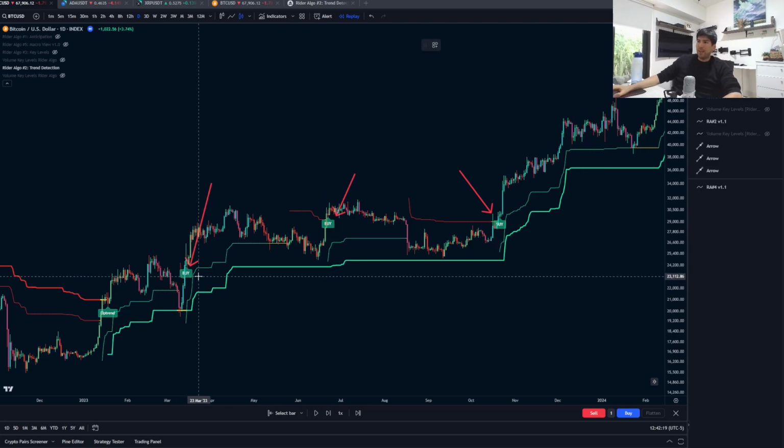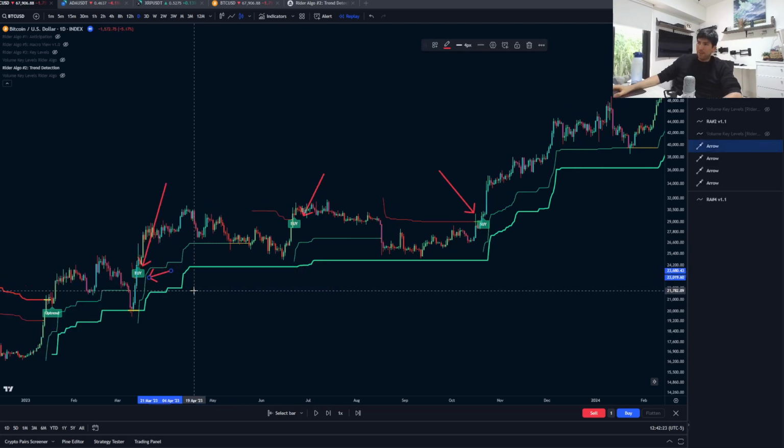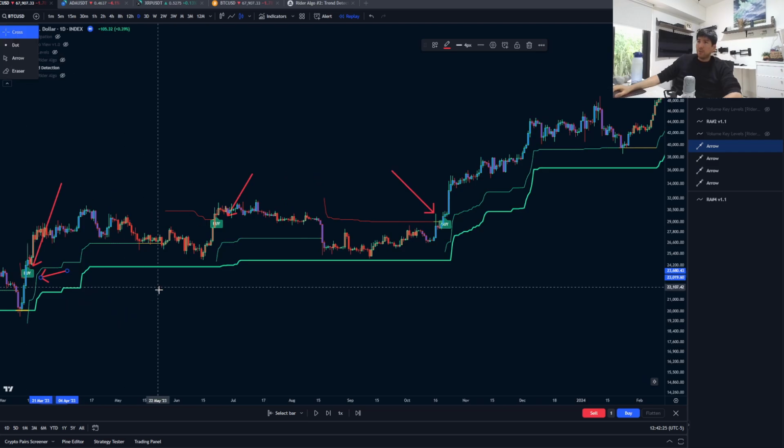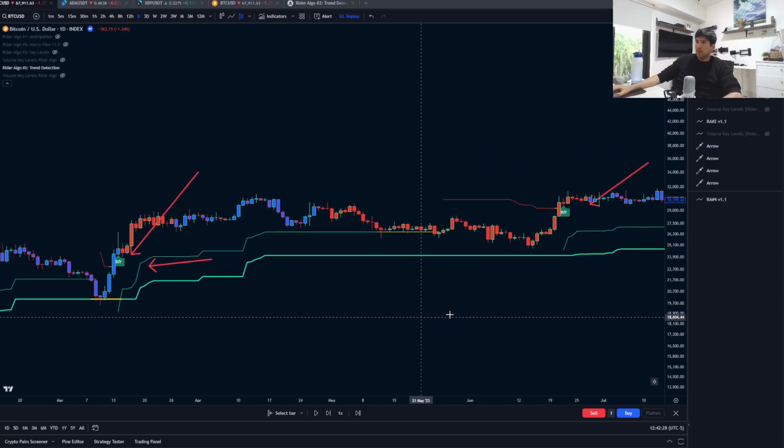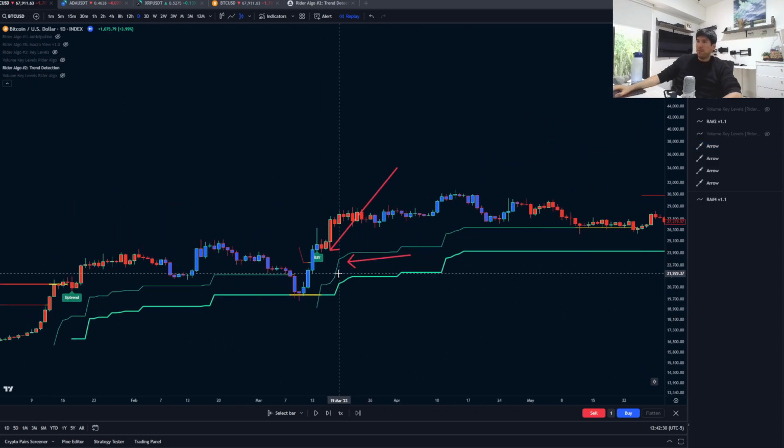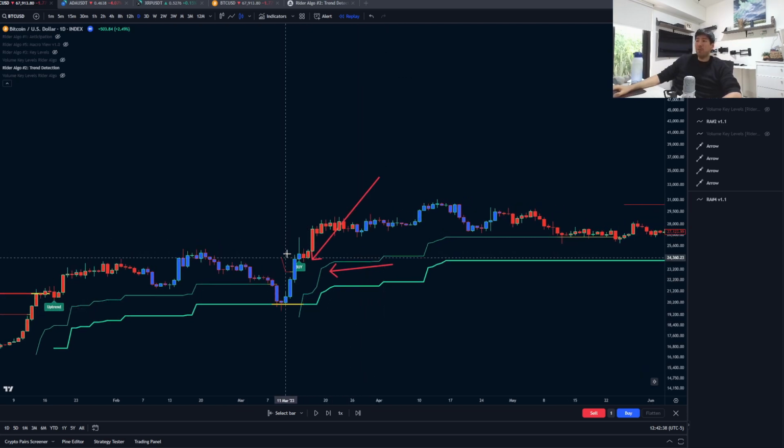So you can see in this case, this thin line flipped from red to green, but also the thicker line, the longer trend, was green as well. So when there's this double confluence, the buy signal appears, and that makes a ton of difference because you will be trading with the trend.